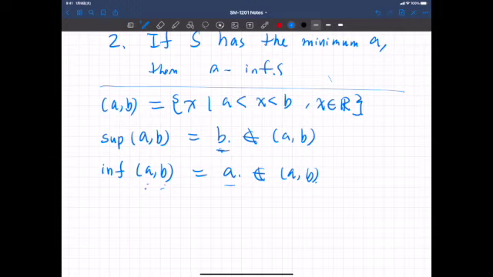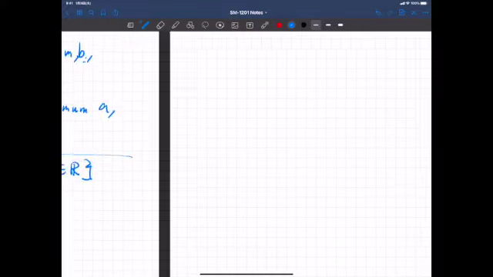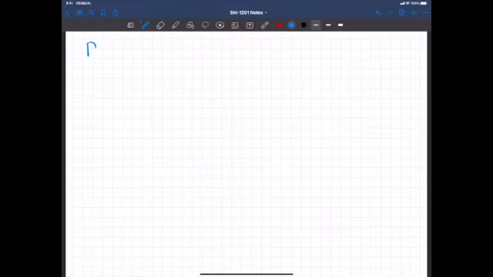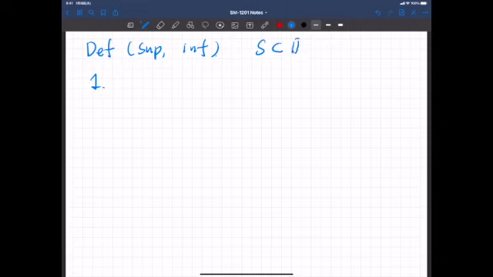Now let us redefine supremum and infimum based on these examples. This is the second definition of sup and inf. Of course S is a subset of real numbers.